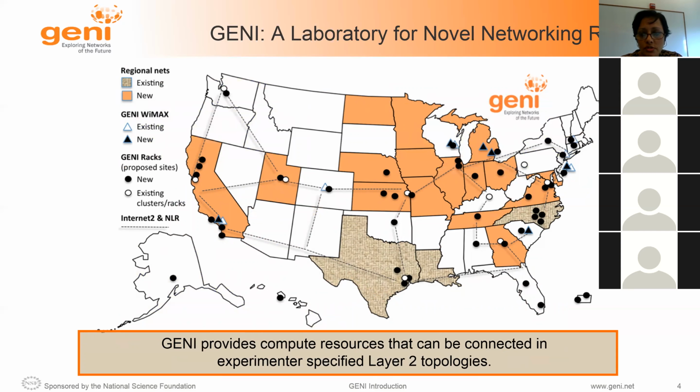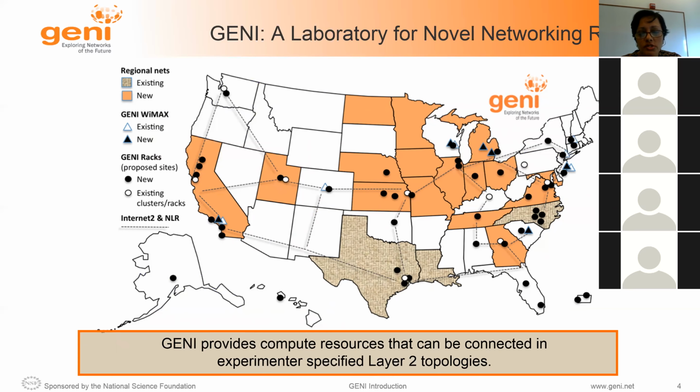And what you see here is a map of the US showing regional networks, both existing ones and new ones. The map itself is sort of old, so most of the ones that say new have been around for a bit. There's GENI WiMAX, the triangles that you see, and lots of GENI racks.